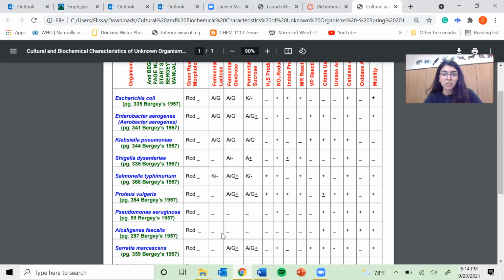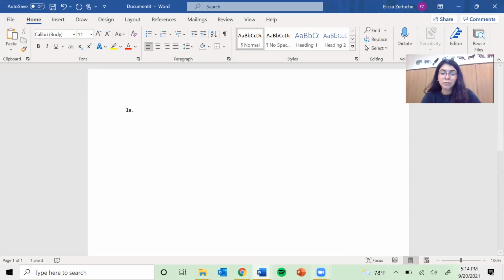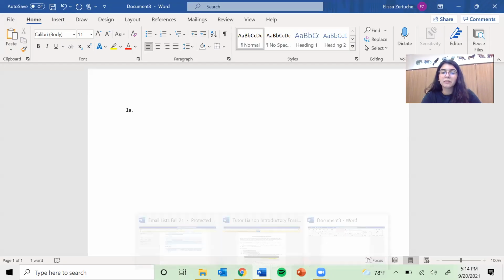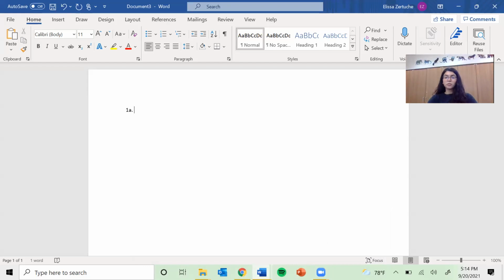Okay, so let's get started. Now, I will open up my Word document. I have seen multiple people use a flow chart to describe this. That is one way you can do it. That's not what Dr. Sandberg asked for. I told him it might be a little confusing since on Google, a lot of the tutorials were flow charts.